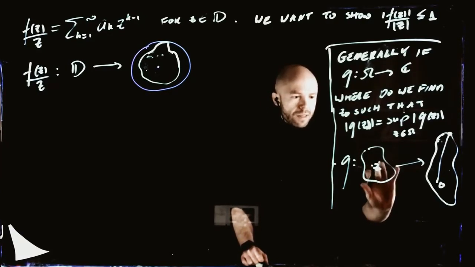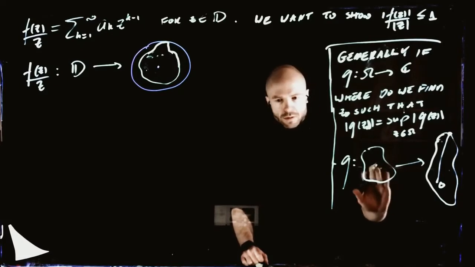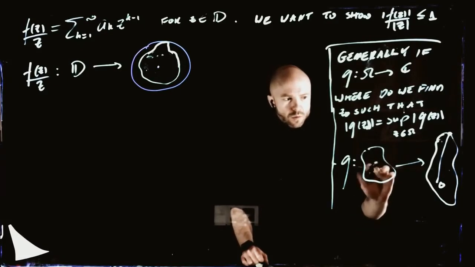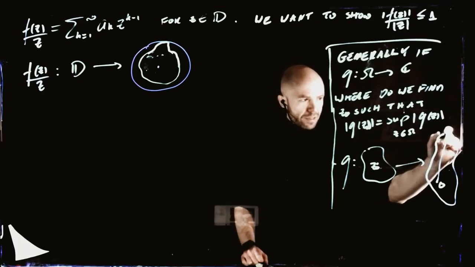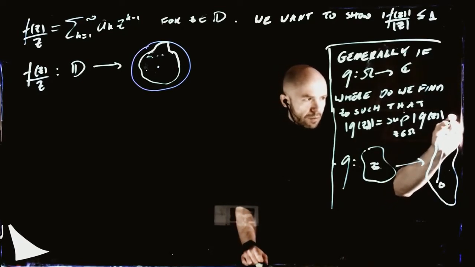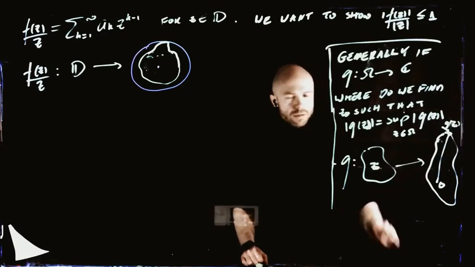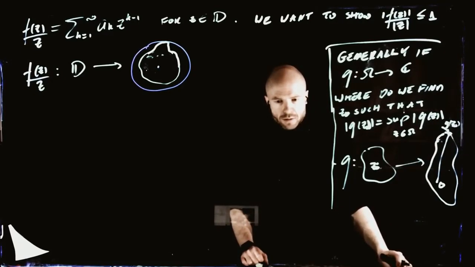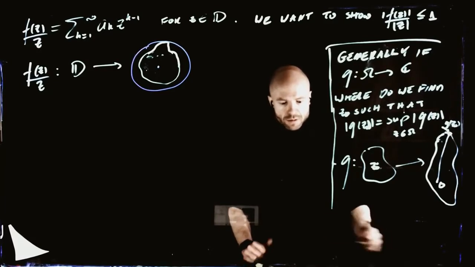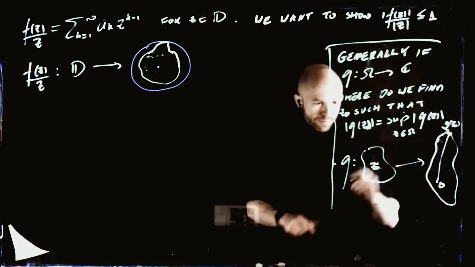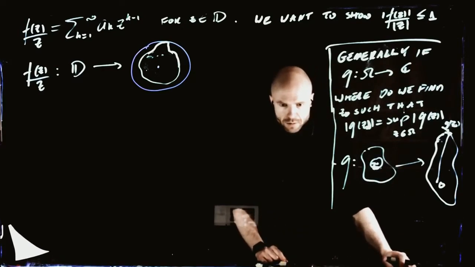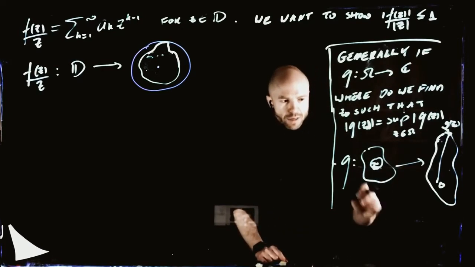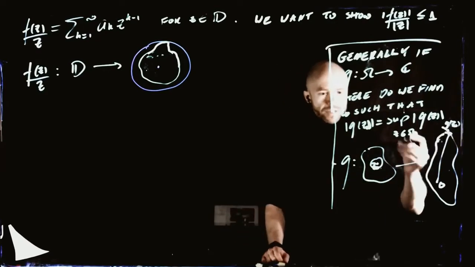Tell me why it can't be in the interior. Why can't we have z0 be somewhere here and then this thing here is g of z0? Why is that impossible? I'll give you a hint. Let's draw a little ball around here. The open mapping theorem. So the image has to be an open set.